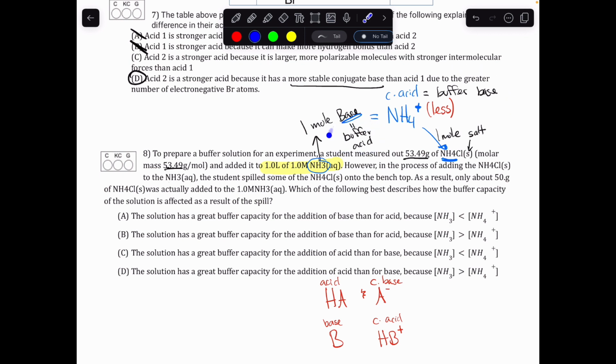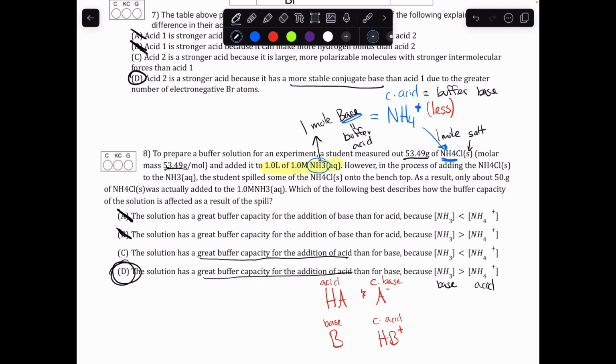So we're looking for an answer that's about better buffering the acid. So that narrows it down to C or D, because they both talk about a greater buffering capacity for an acid. And the reason is because we have more base than we do acid in our buffer, and so any new acid that gets added is going to be better buffered away.